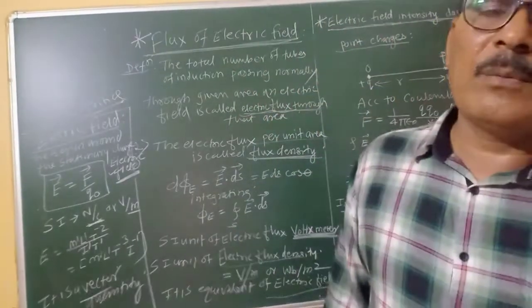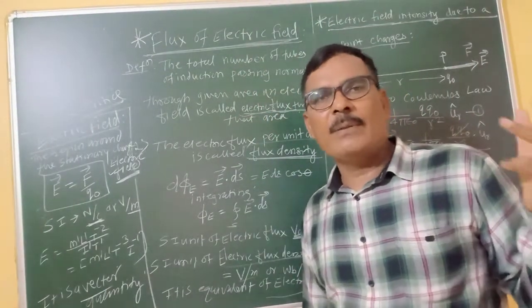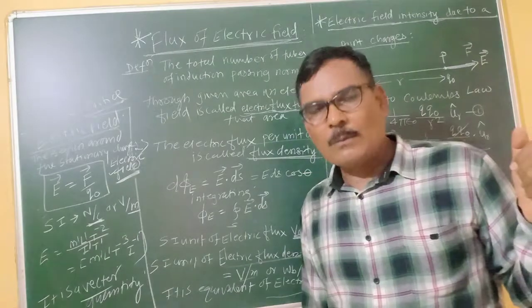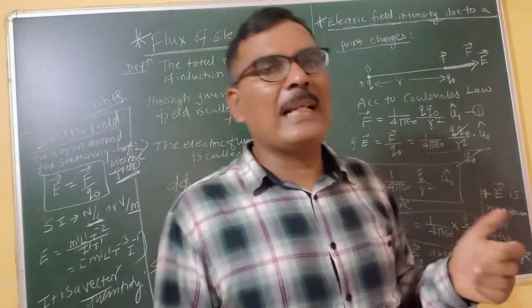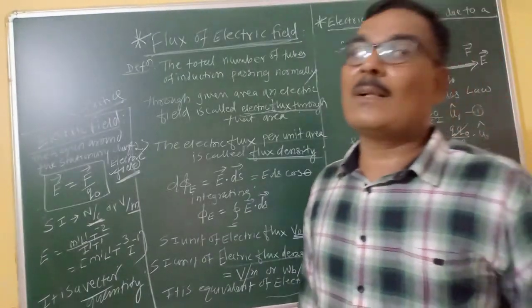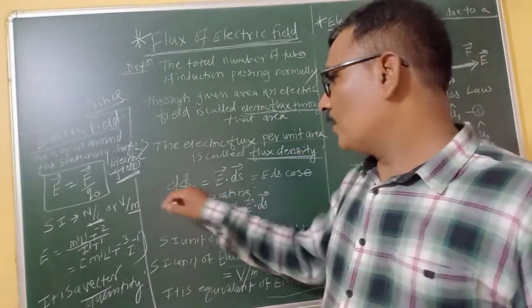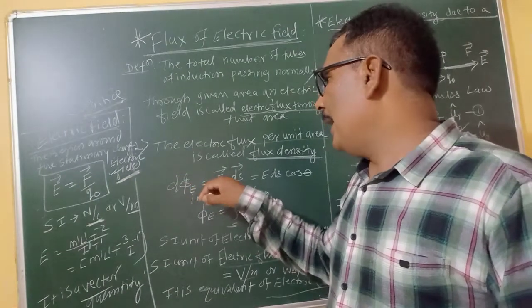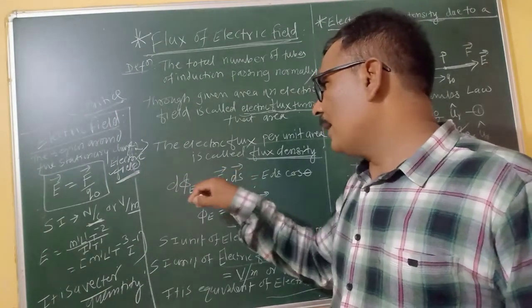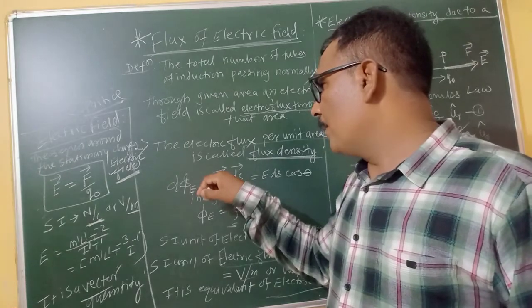Now we have to write the formula. We know that in the magnetic field, 12th standard, phi is equal to B into A. B is the magnetic induction and A is the area. Similarly here, phi E is the electric flux, so we consider d phi E equals E bar dot ds bar, just like B bar dot A bar.